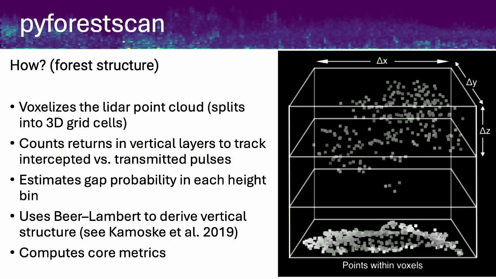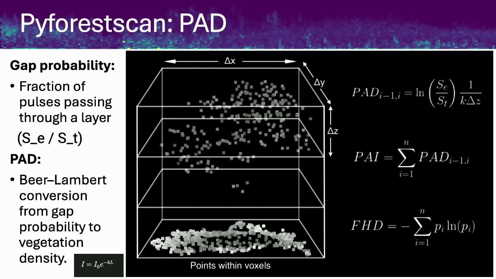And from that, it computes the core metrics, such as plant area density. If you take this gap probability, which is the number of points, ST, the number of points coming in, all the points that go into that voxel, and SC, the number that are emitted through, you get that fraction and apply it to the Beer-Lambert equation, which is the little one on the bottom here.